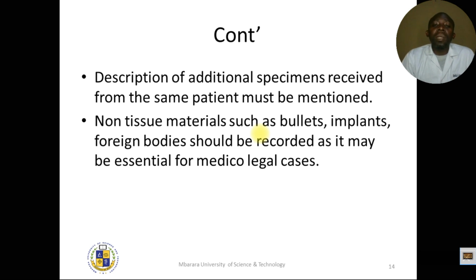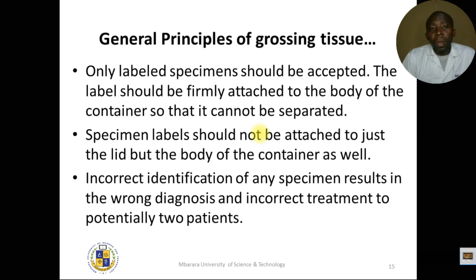But actually, when you see such materials in the tissue, you have identified the blade, then you pick it, keep it, and then record it. You need to do recording, because you never know if there are medical legal cases, then this can help you as evidence to possibly conclude the court case.